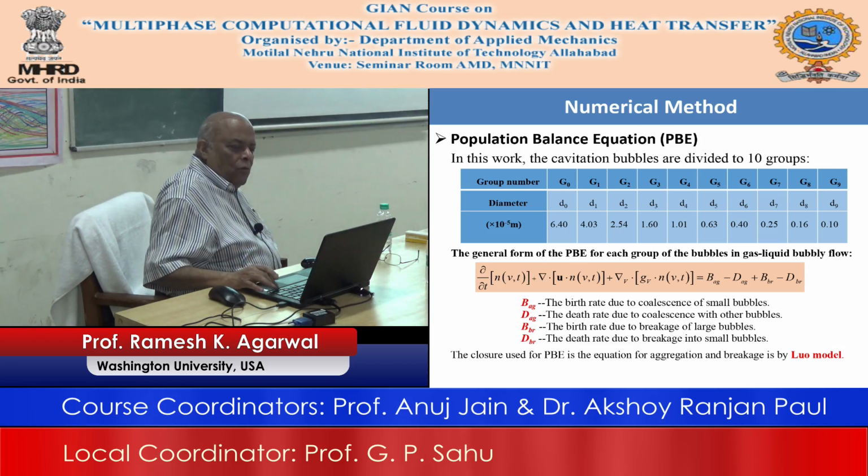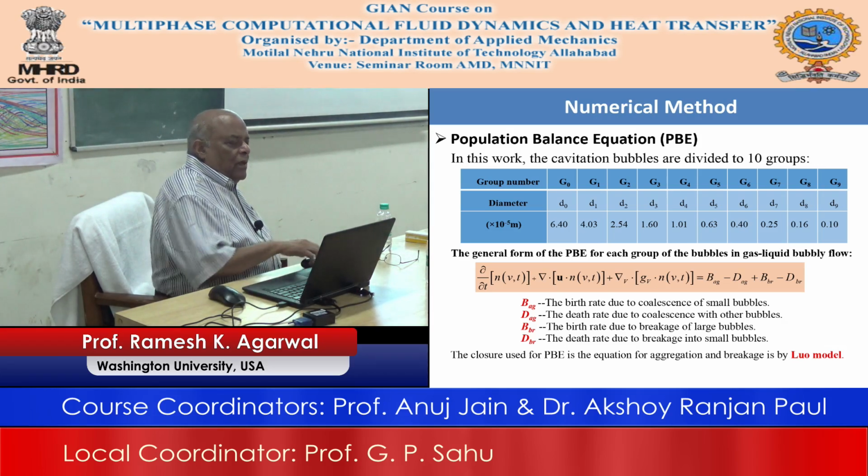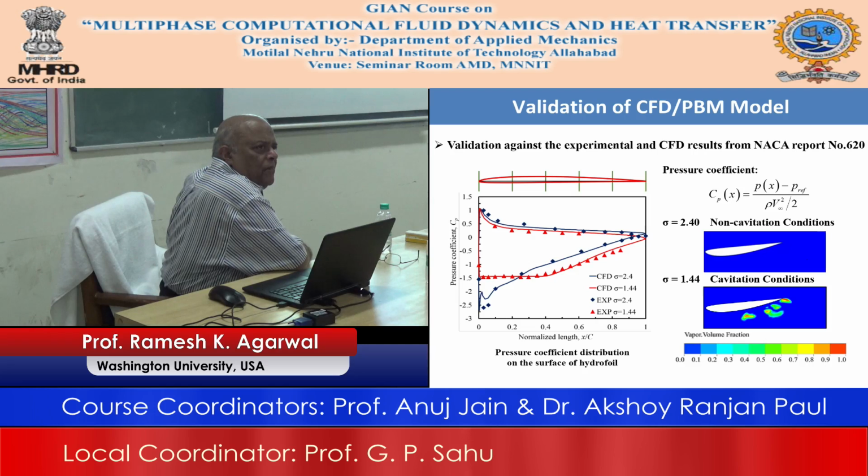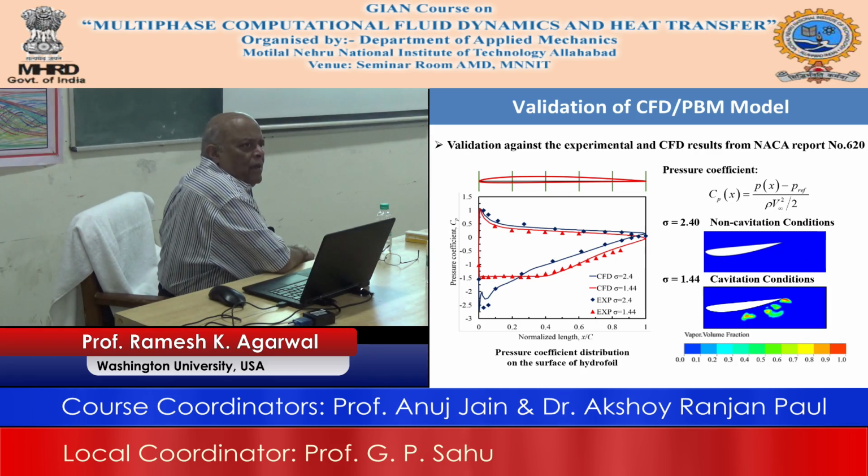So there is no grid generation here. Now again the validation, if you look at it, and there is a validation available, and this is basically the ANSYS solution. What you see is a blue one. The blue one has a cavitation number of 2.4, which means that there is no cavitation. But if you have a lower value of sigma, then there is a cavitation on this hydrofoil.